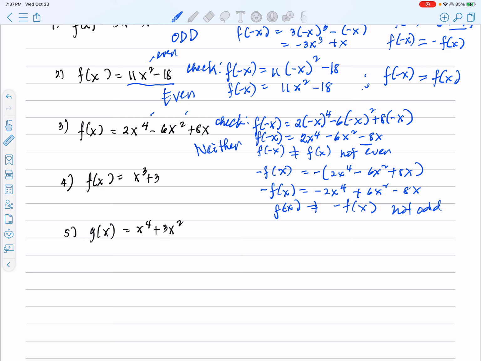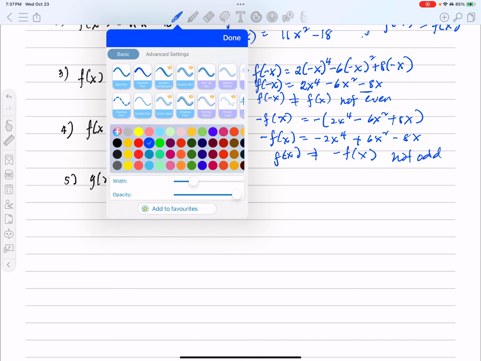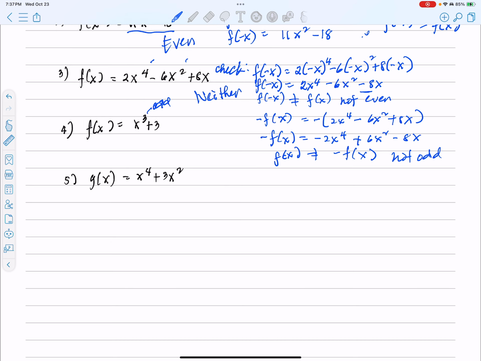Let's do the fourth one, x cubed plus 3. With x cubed, I could tell it's odd. I need to move number 5 here to have a space: g of x equals x to the fourth plus 3x squared.